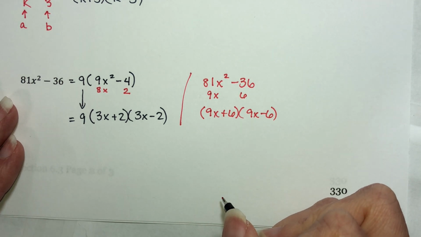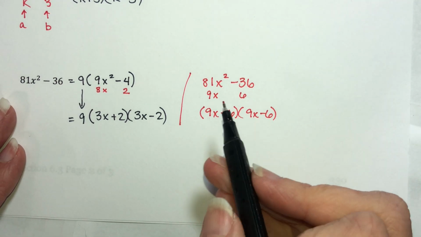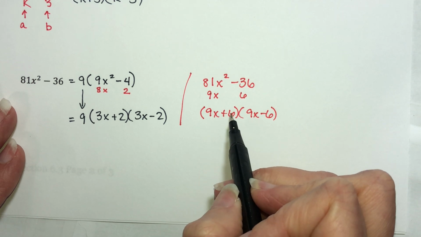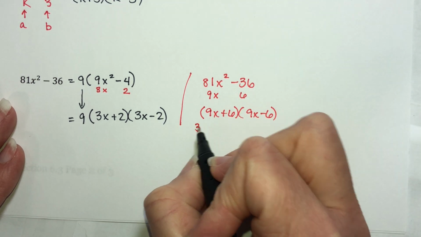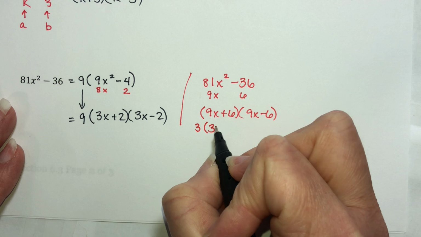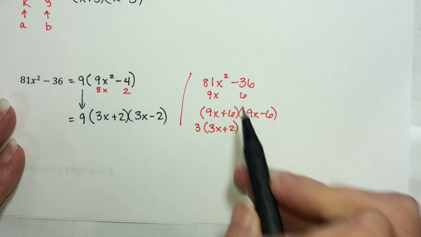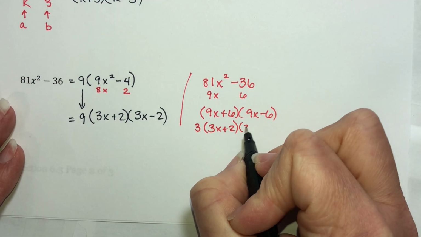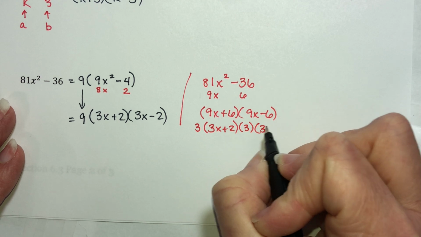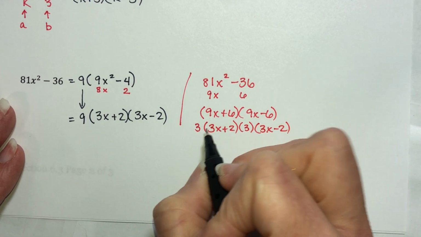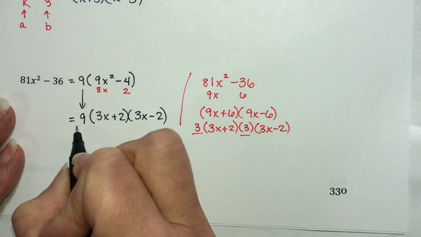You always need to ask yourself if you factored completely, and if you look at these two, you should see that you could factor out a 3 to get 3x plus 2, and then here you could also factor out a 3 to get 3x minus 2, and then you'd multiply the 3 times the 3 to get the 9.